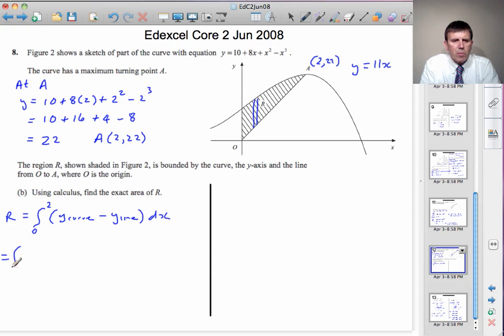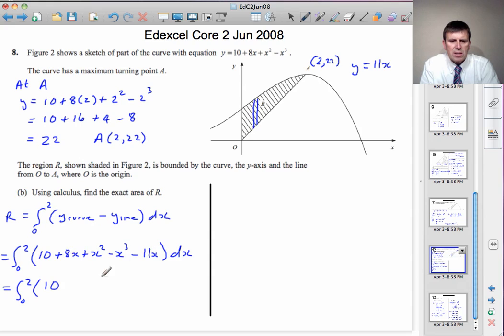That's the integral from 0 to 2 of, well, the y of the curve is 10 plus 8x plus x squared minus x cubed. And now I'm going to subtract the y coordinate of the line, which is 11x, so it's minus 11x. Before we integrate, we can simplify that a little. We've got 10 plus 8x minus 11x is minus 3x plus x squared minus x cubed.